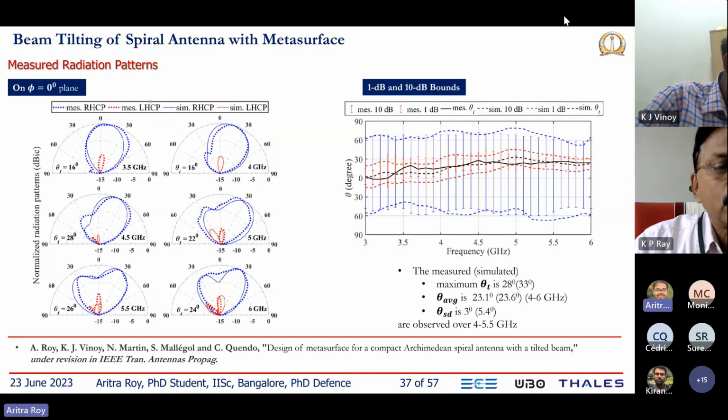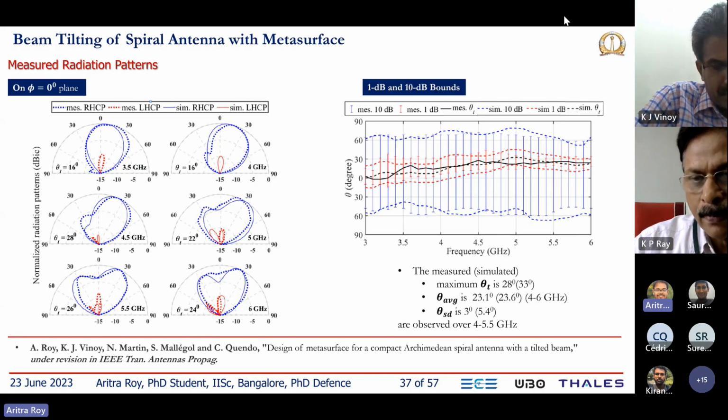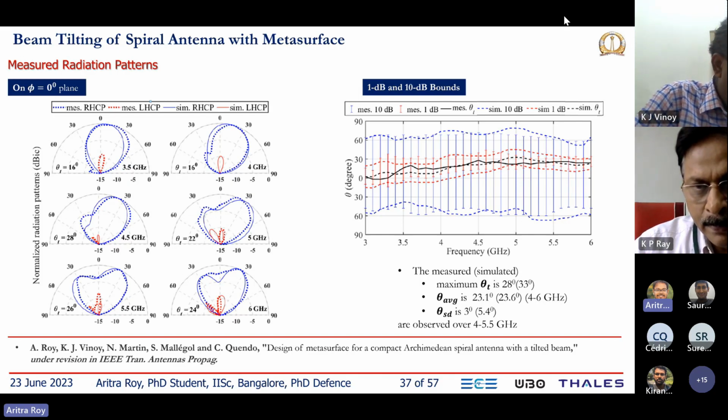Yes, that's true. I thought of it this way: when we cover half of the antenna aperture with a dielectric or a metasurface, the dielectric or metasurface almost has a flat response over the 3 to 6 gigahertz band, or whichever band we considered.